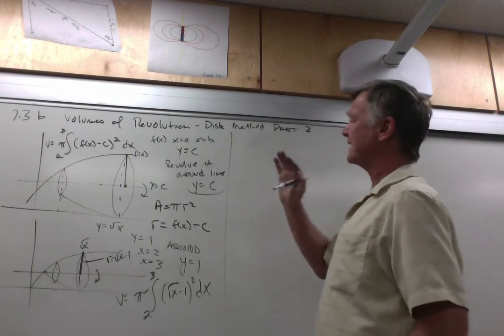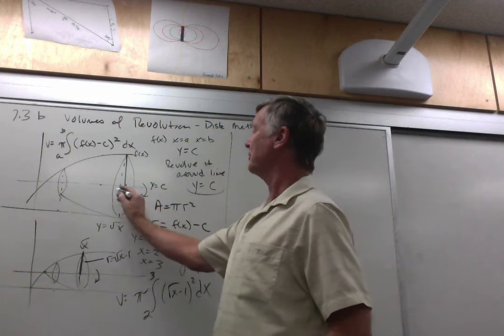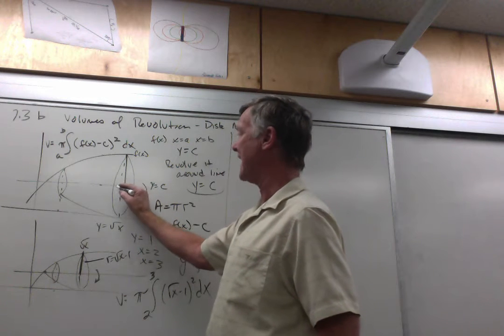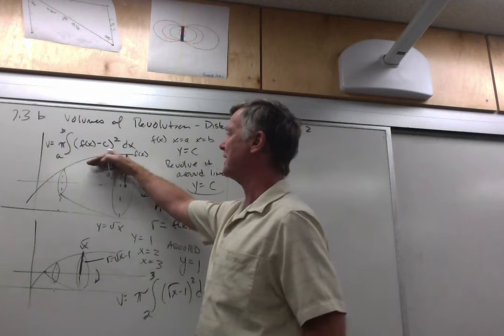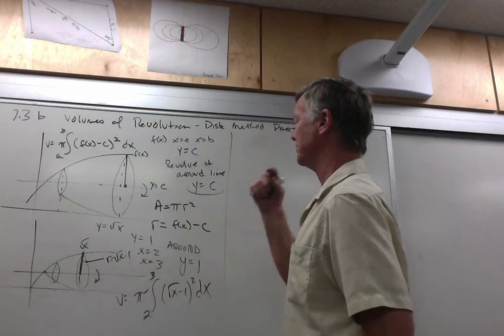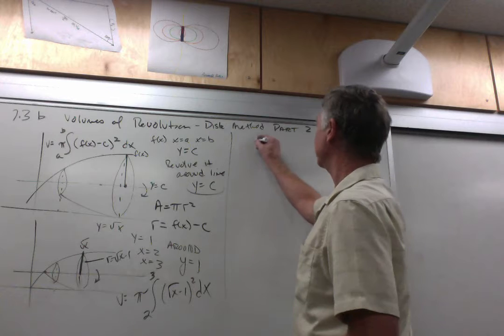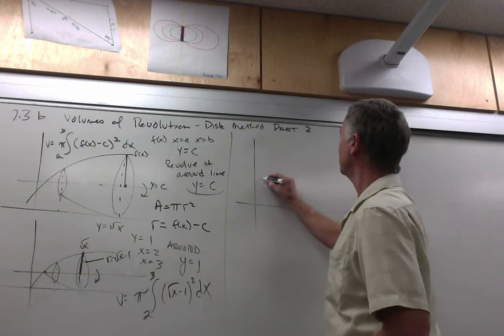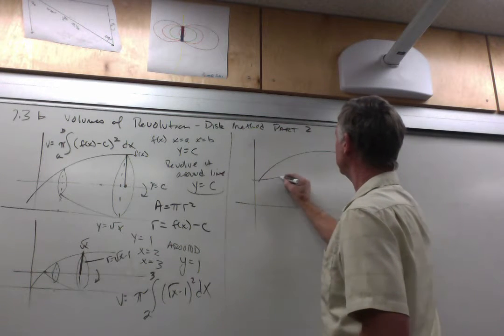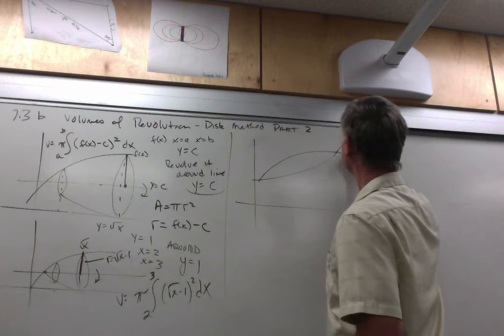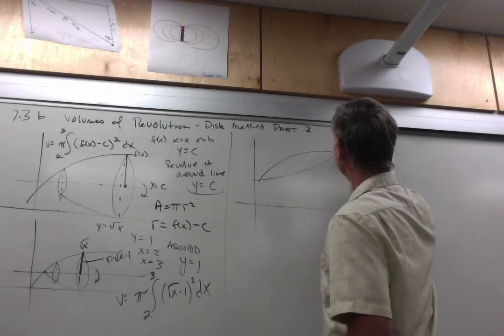Now, that's one problem, where the area is touching the axis of rotation. What if it's not doing that? What if we had something like this, where we have f of x and g of x?